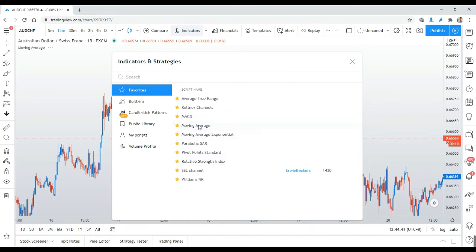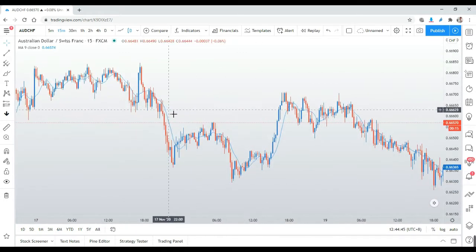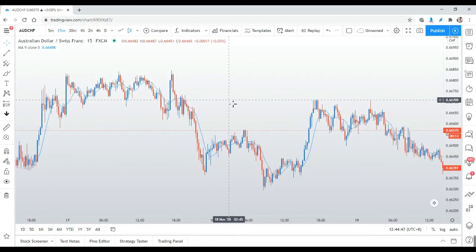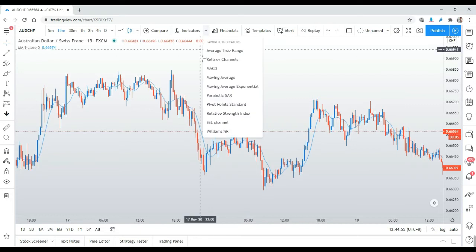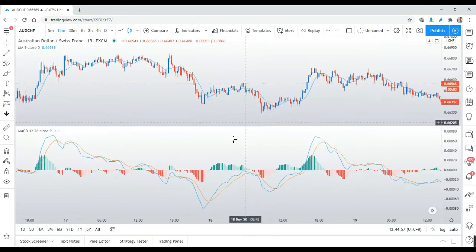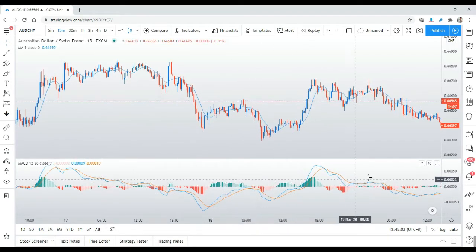The other type are secondary indicators that open another window for you. For example, here I have the MACD. If you can see properly, it happens in the secondary window.